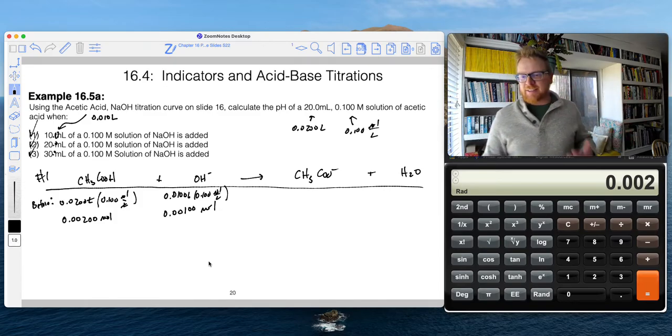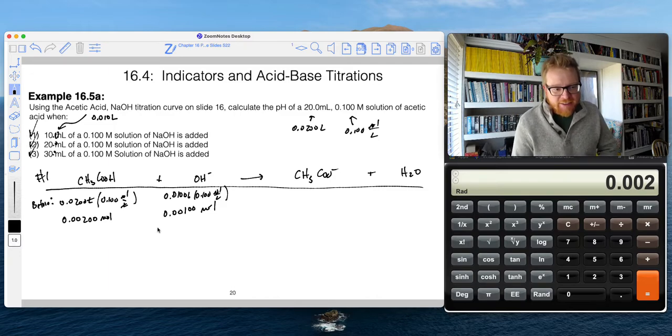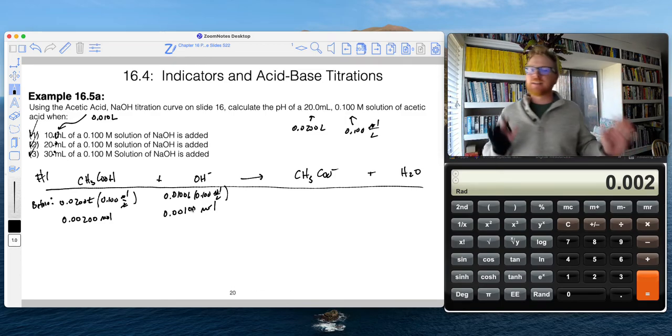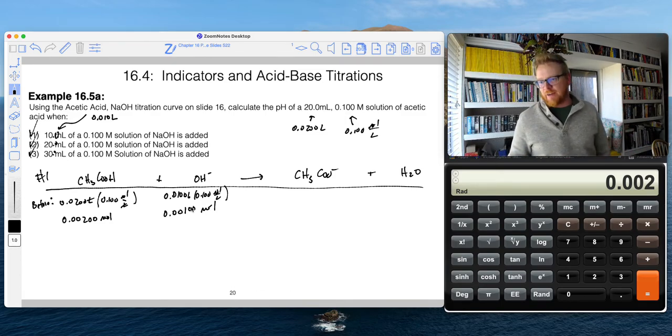If you don't recognize that right away, the way that I recognized it is I've got 2 times 10 to the minus 3 moles, which is 2 millimoles. So here I've got 2 millimoles, and here I've got 1 millimole. That's half. The hydroxide is half of the acetic acid, so that's how I automatically know that's a half equivalence point.